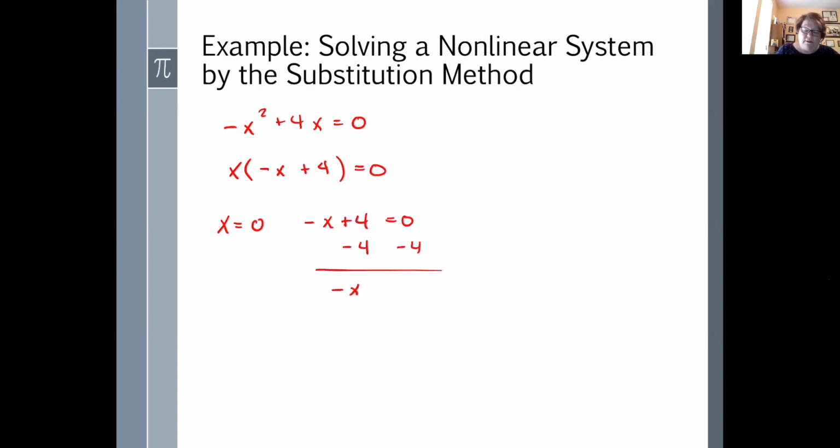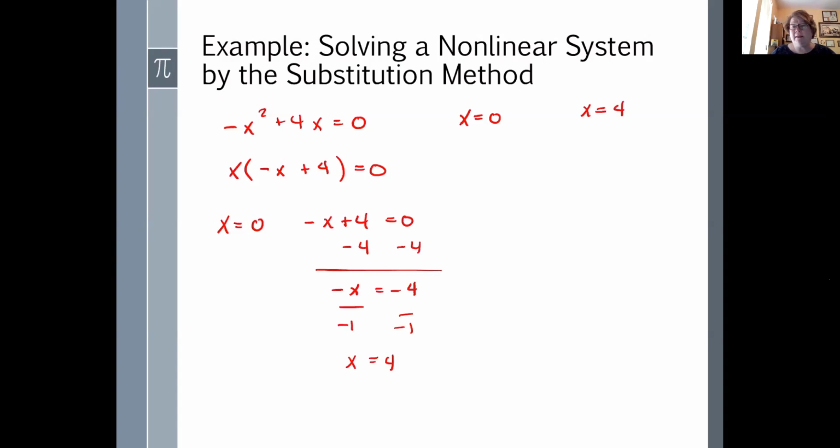I get negative x equals negative 4. So I'm going to divide by negative 1. And I get x is 4. So x is 0 and x is 4 are the first coordinates of 2 ordered pairs that are solutions to this system. So this system of nonlinear equations has 2 solutions, 2 ordered pairs.